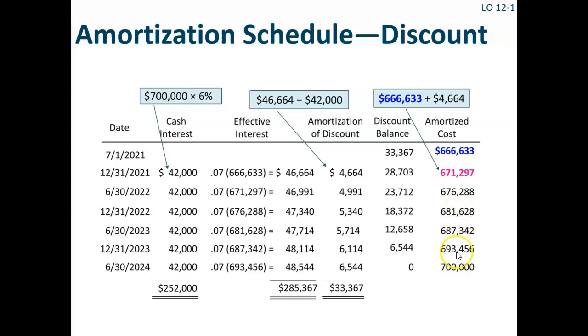And the name of the game is to get the discount balance down to 0 at the end of the last payment, and to get the amortized cost up to its par value at the end of the last payment.